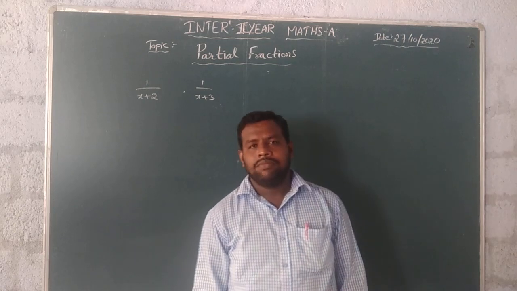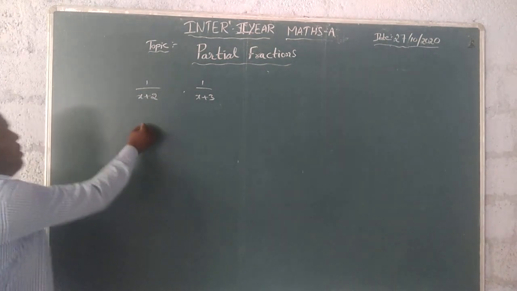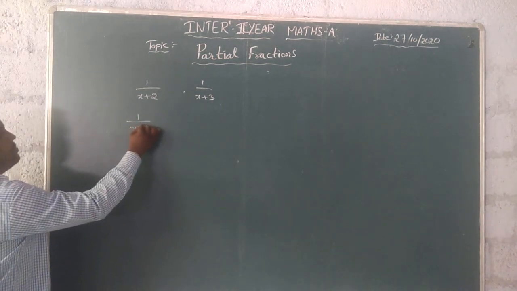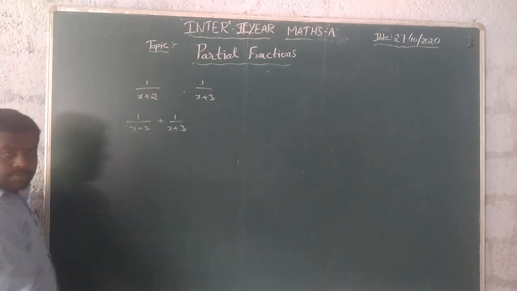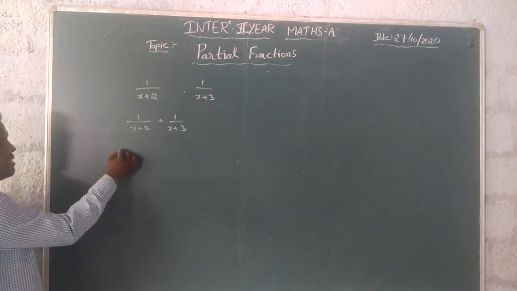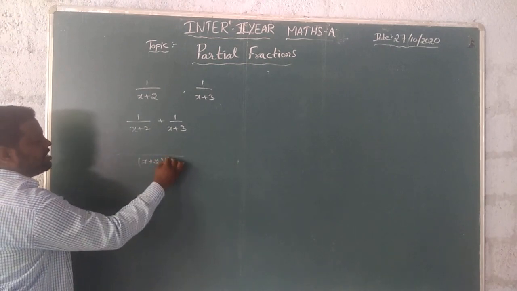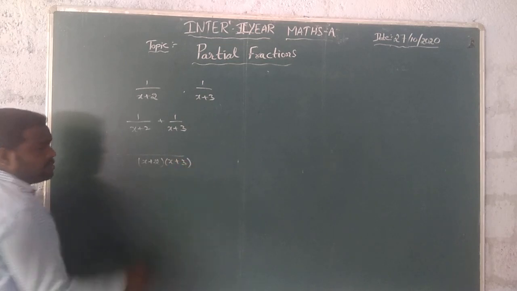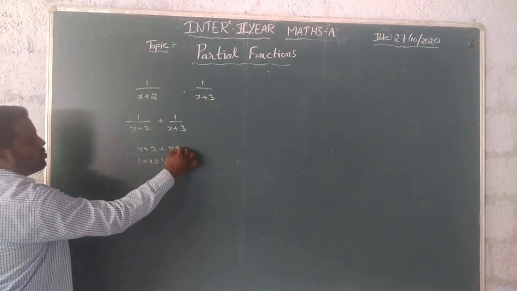Yes or no? Okay, we will check it. 1 by x plus 2 plus 1 by x plus 3. What is the LCM? The LCM is (x plus 2) into (x plus 3). Numerator is x plus 3 plus x plus 2.